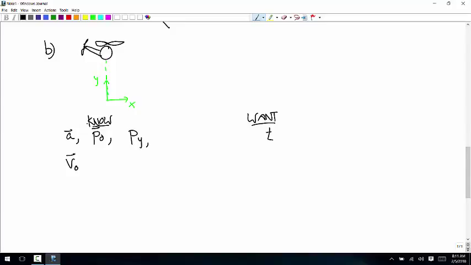So is there a single equation that'll let us solve for t? I think this should work. Py is equal to P0y plus V0y t plus 1/2 AY t squared.